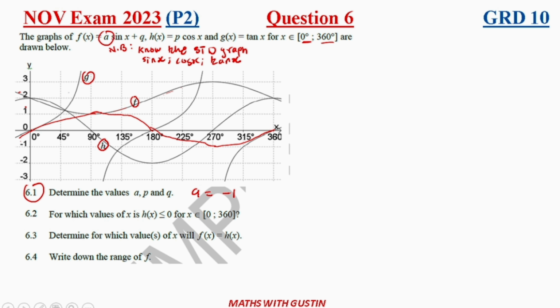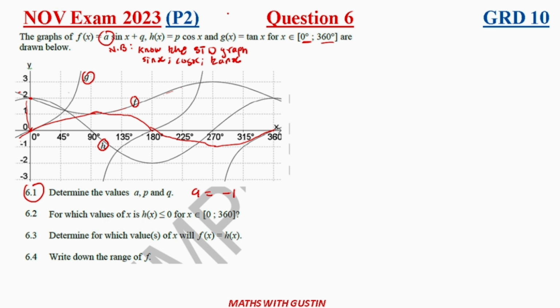So now you come here and you look at it. There it is, the original one. Compared to this one, you can see that from here where it's supposed to be 0, now it's 2. So this means that it shifted upwards by 2 units, because initially the original graph was supposed to be 0 here, but now it's 2.